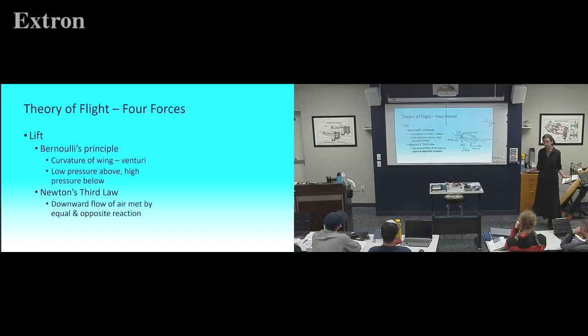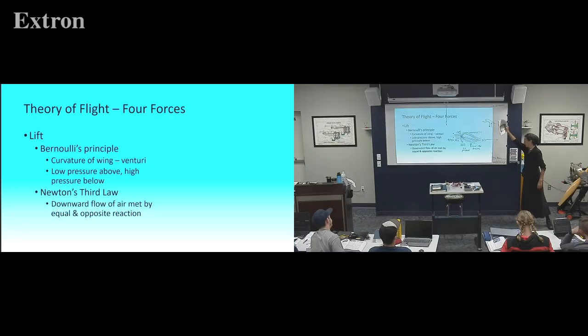And you may be asked to describe how lift works according to Bernoulli and Newton's third law. So what's a simple way you could say how lift acts with Bernoulli's principle? Low pressure above, high pressure below.